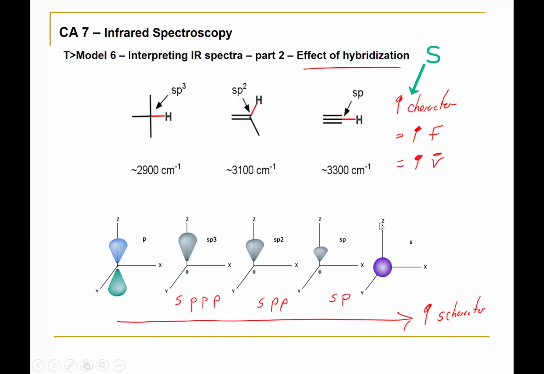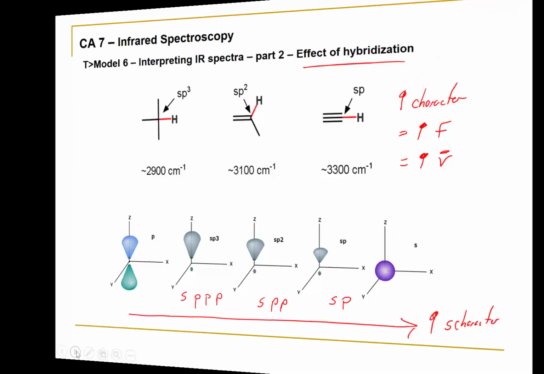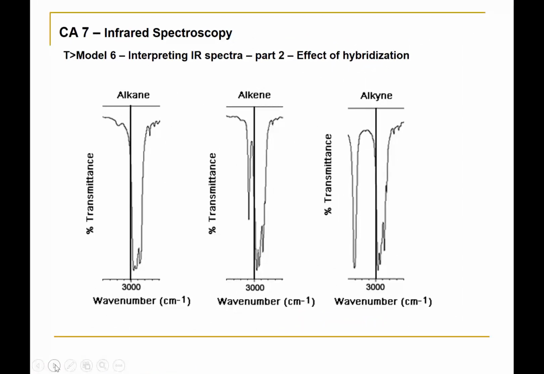This is actually very helpful in interpreting a spectrum and trying to figure out whether or not there's a carbon making a bond to a hydrogen where the carbon is actually either involved in a double bond or a triple bond. As an example, let's look at these spectra. We're only looking at a small portion of the spectra, around 3000 centimeters to the minus 1.